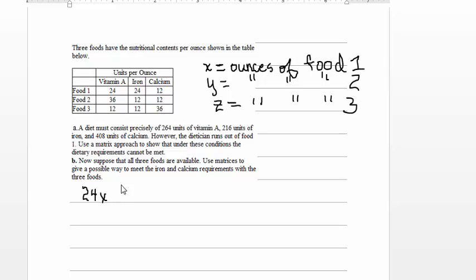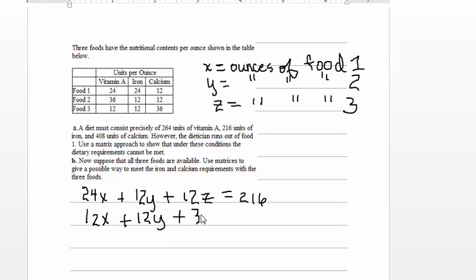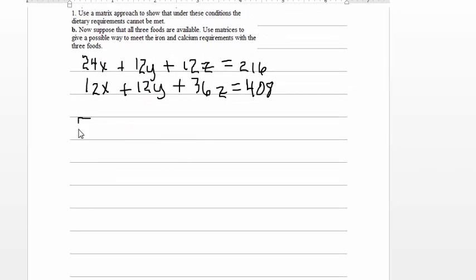So 24X units of vitamin A, no, we're doing iron and calcium, of iron plus 12Y units of iron plus 12Z units of iron have to equal the 216 units of iron. 12X units of calcium plus 12Y units of calcium plus 36Z units of calcium have to equal the 408 units of calcium needed.